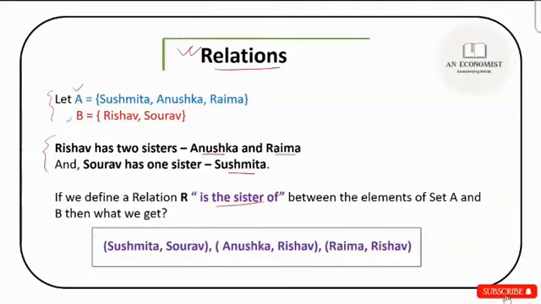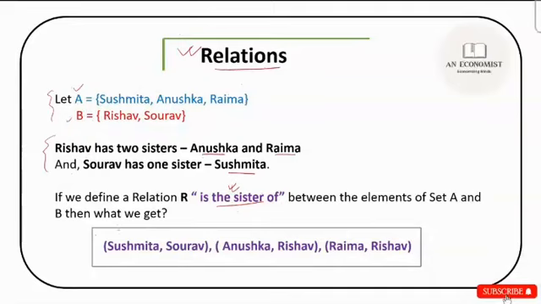So I want you to focus on this particular statement, "is the sister of". We want the first element from set A, and that person should be the sister of the person mentioned in set B, right?